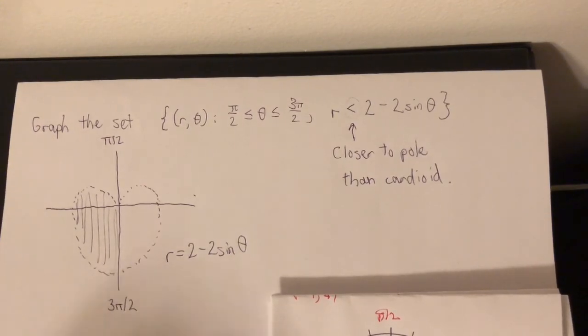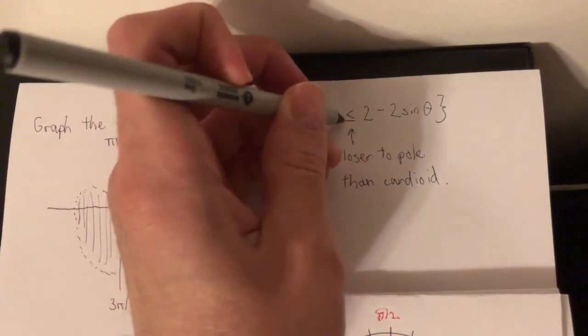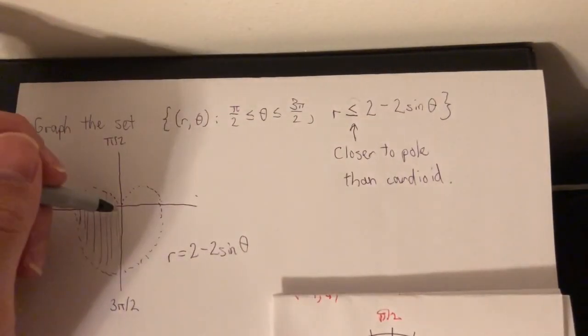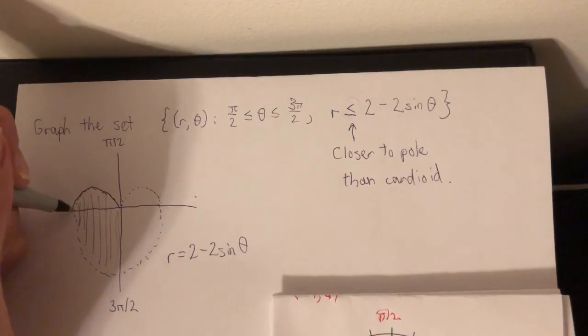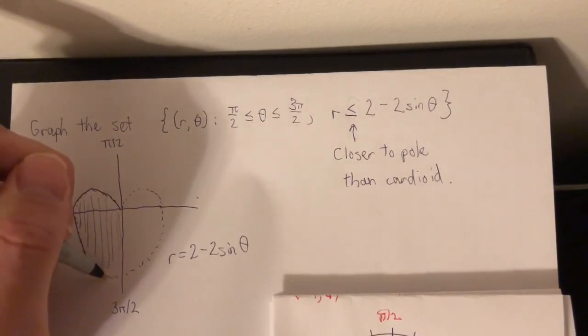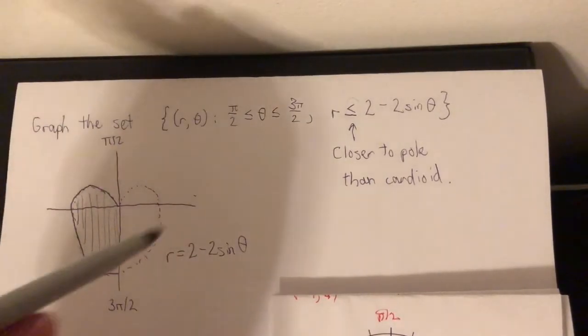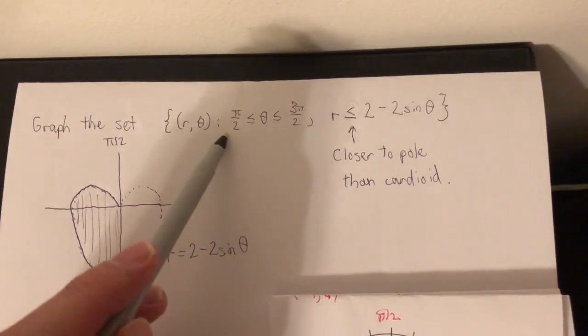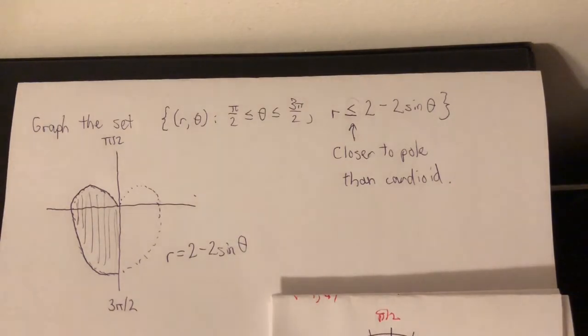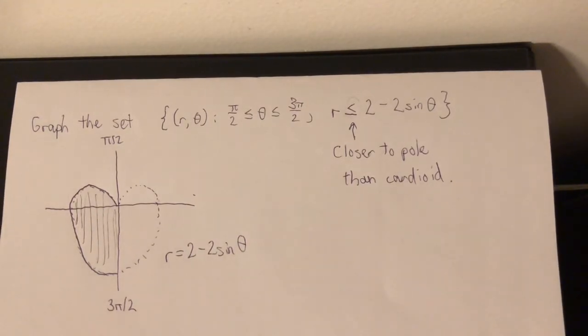Now, if this was less than or equal to, then I would have the boundary of the cardioid included, but only the boundary of the cardioid for the angle specified, just the boundary between pi over 2 and 3 pi over 2. So again, take a look at example 11.5.4 in your book for more examples about inequalities.